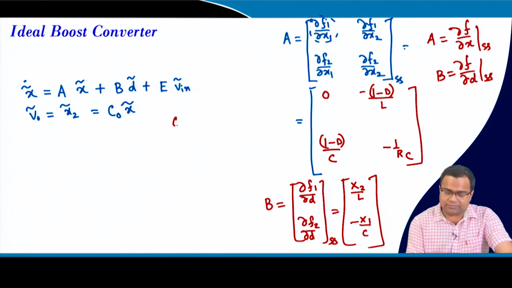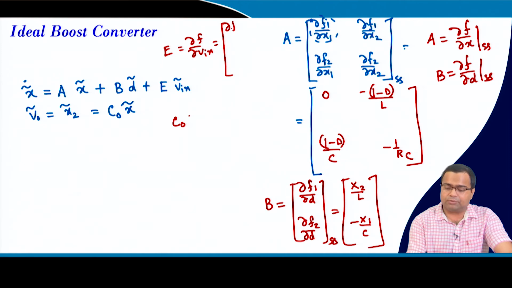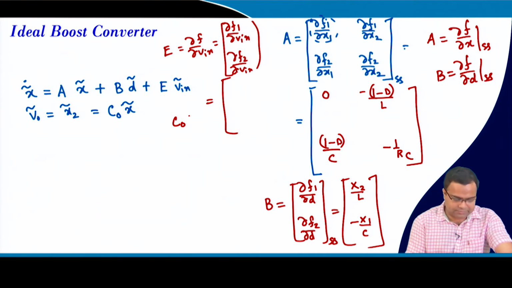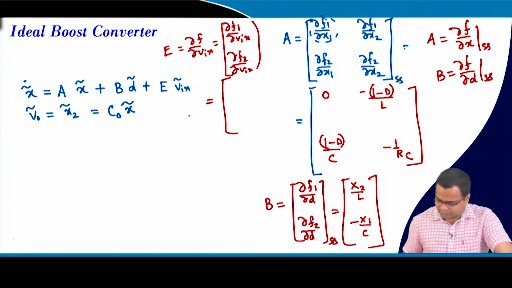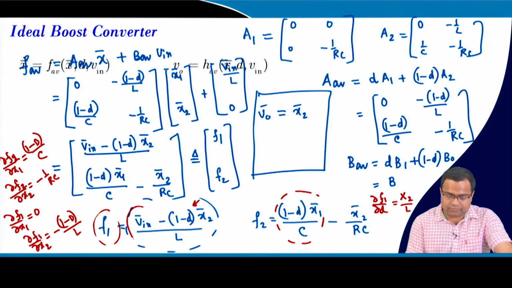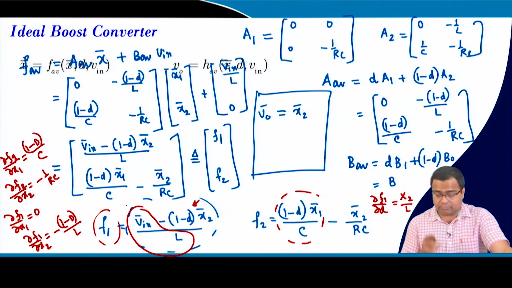What is C0 and what is E? E is nothing but dou F dou V in, which is dou F1 dou V in and dou F2 dou V in. If you go back, dou F1 dou V in we can get from here, but there is no V in term in F2.